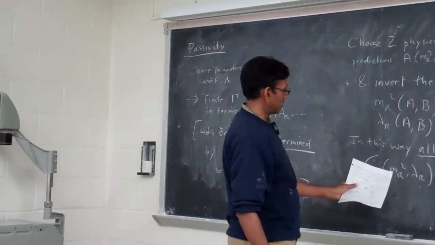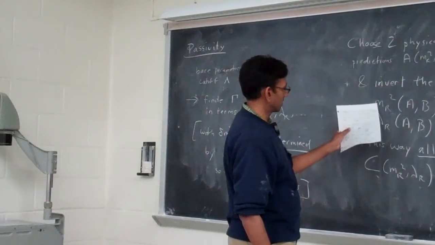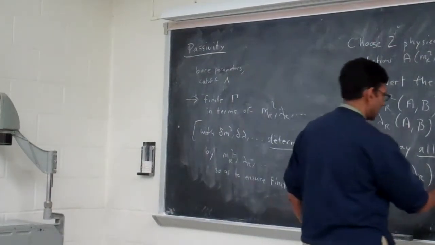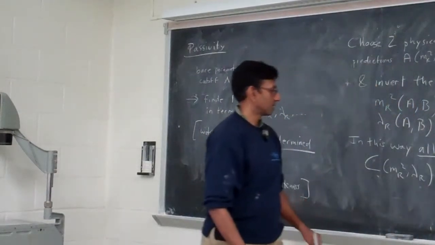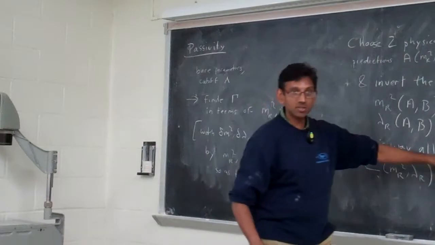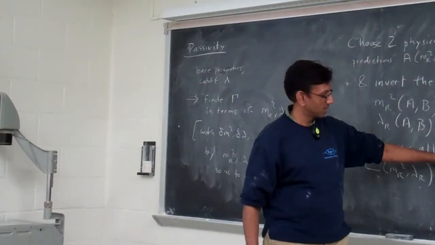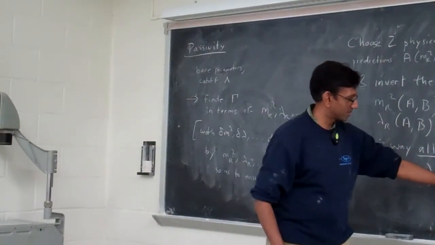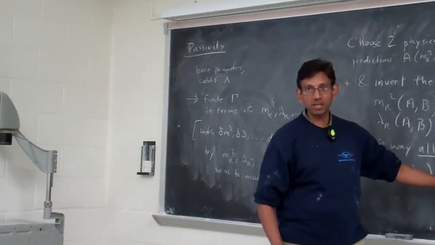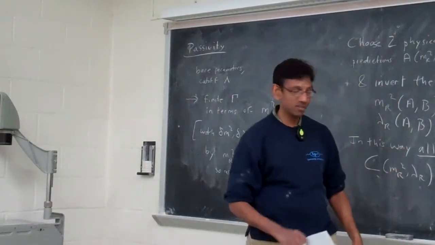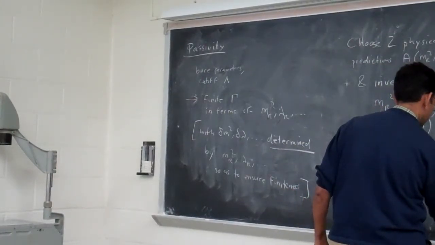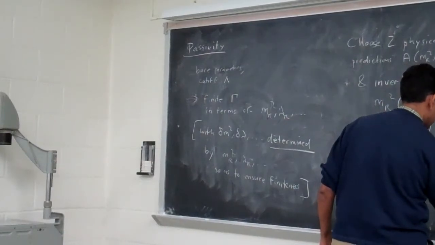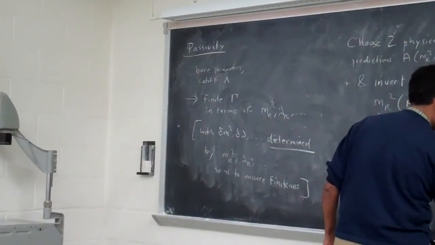But then I can stuff in for m_r squared and lambda_r these two functions, and I end up with something that looks like this. So all measurements, all things that you can measure, can be predicted in terms of these two measurements. You go make these two measurements, and then you can calculate everything else, where this is, of course, C of m_r squared A and B, lambda_r A and B.